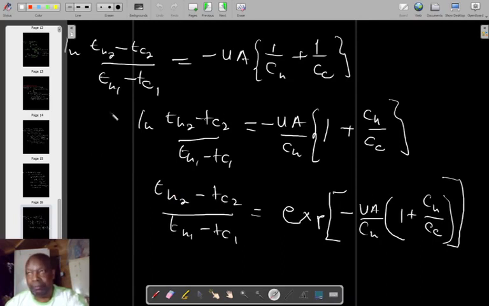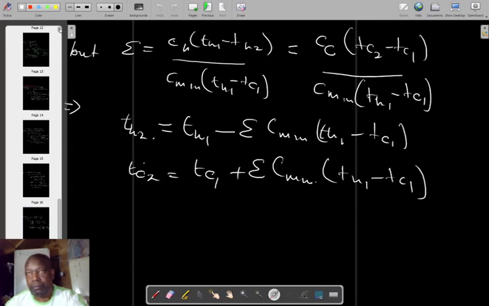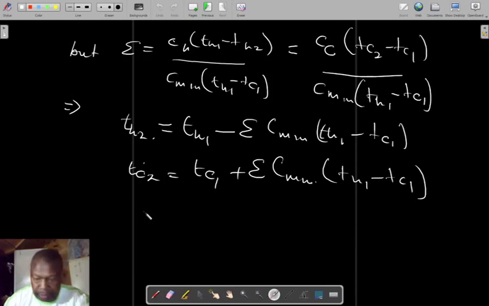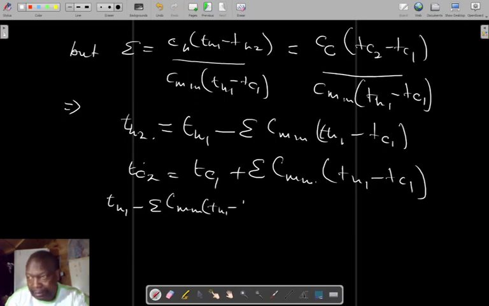So we'll have, instead of TH2, TH1 minus epsilon (TH1 - TC1), and we're subtracting from it TC2, and TC2 is TC1 plus epsilon C minimum (TH1 - TC1).